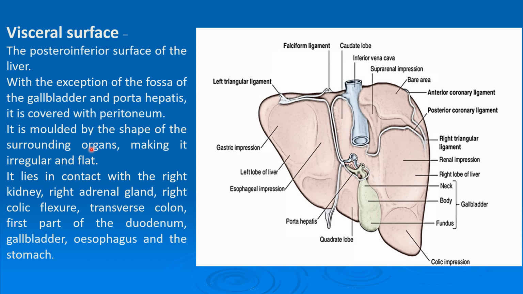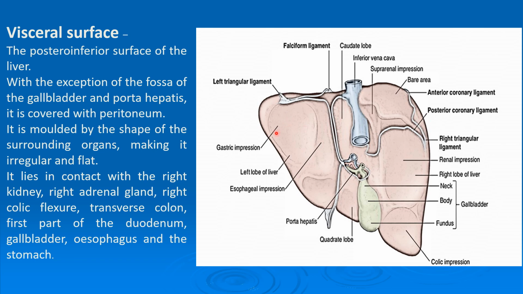So below the visceral surface we can see, or the visceral surface is in contact with the right kidney, right adrenal gland, right colic fissure, transverse colon, first part of duodenum, gallbladder, esophagus and the stomach. Here you can see the inferior surface of the liver. As you see, there is impressions of several organs into which the visceral surface is in touch.